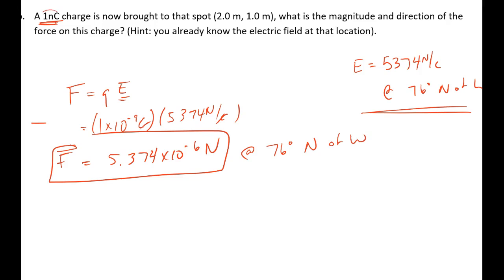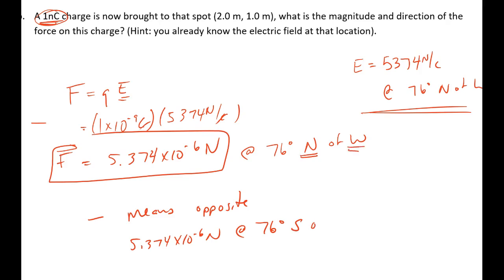If for some reason this was negative, what does negative mean? Negative means opposite. So it would still be 5.374 times 10 to the negative 6 newtons at 76 degrees. But instead of going north, it would want to go south, and instead of going west, it would want to go east.